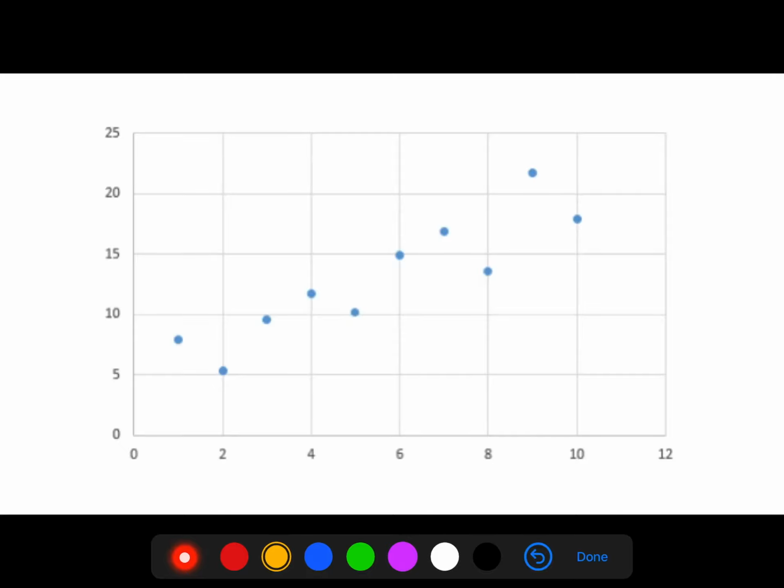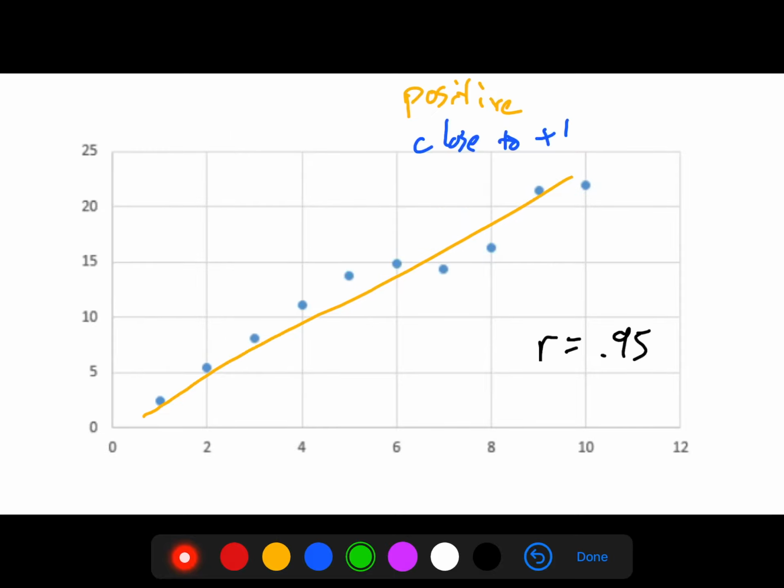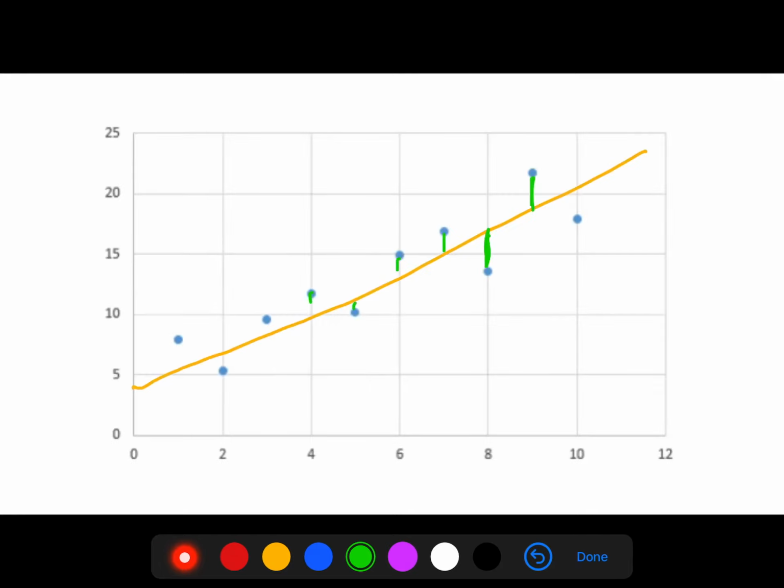Now, this one's also positive because you can definitely see the points going up, but there's a lot more variance. So you'll notice they're a lot further from the yellow line than this last one was. If I go to the one I had just a second ago, you'll see that they're actually very close to the line. And so this one, they're all much further away.